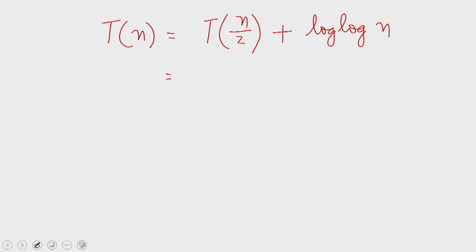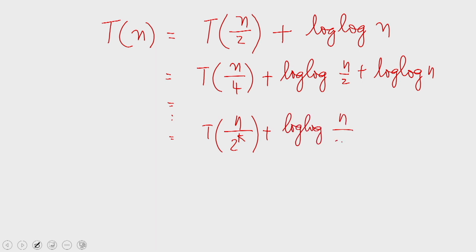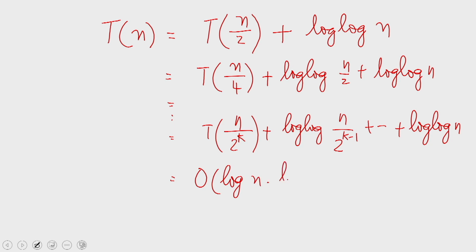If you continue like this, after k levels of unrolling, and if you put k equal to log n, you find that this is order of log n double log n.